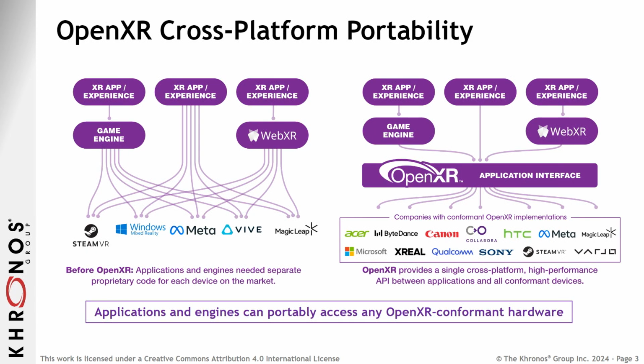A classic situation where the timing was right and the industry desire was strong to come together and let's just design collaboratively a single API that we can all use on our hardware, and then the software community, whether they're writing applications or engines or libraries, have a single API, and they can write once and run anywhere that supports a conformant API that is conformant to that OpenXR specification.